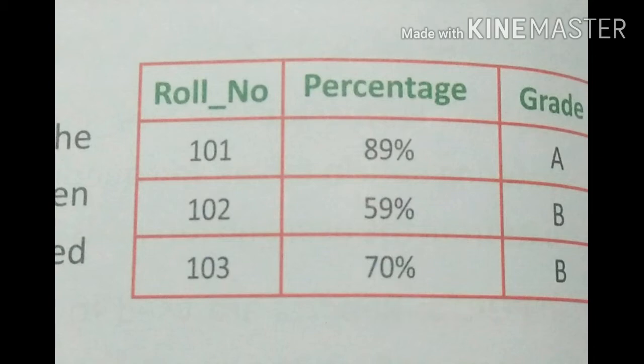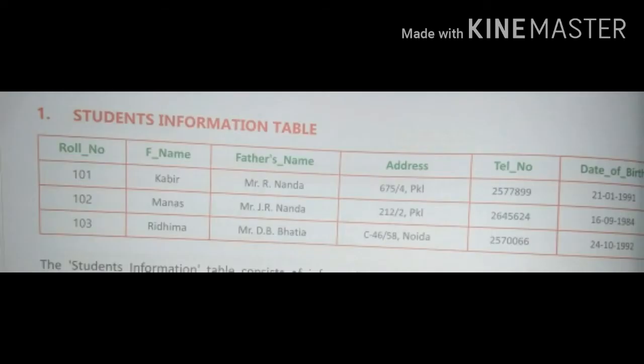Next is relational database. A relational database stores data in several tables and links those tables together to get a common piece of information. For example, Microsoft Access, Microsoft SQL and Oracle.